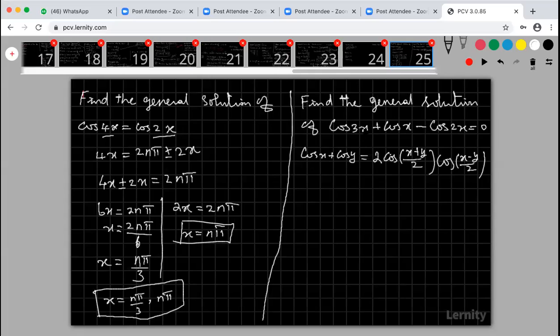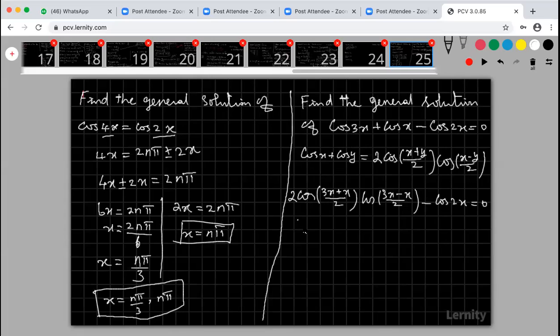So I'm going to apply the identity to cos 3x plus cos x. This is 2 cos of (3x plus x) divided by 2, cos of (3x minus x) divided by 2, minus cos 2x equal to 0.